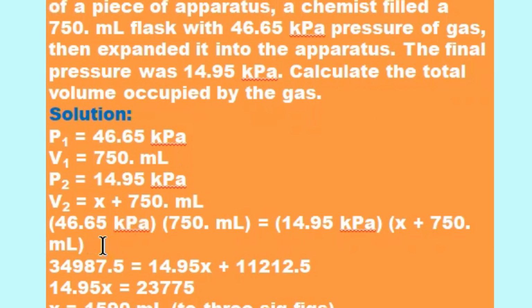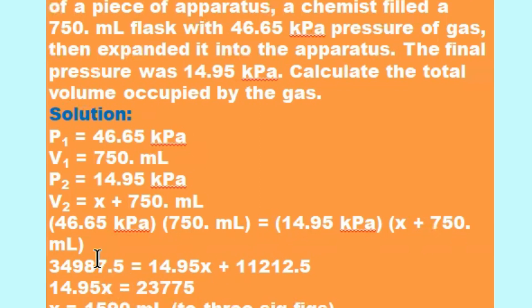Then substitute the values by using the formula P1 V1 equals P2 V2. Then 46.65 kilopascal is P1 multiplied by V1, 750 milliliter, which equals 14.95 kilopascal P2, and V2 is X plus 750 milliliter.